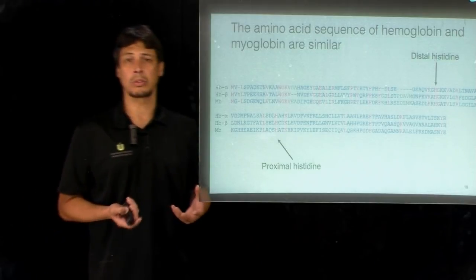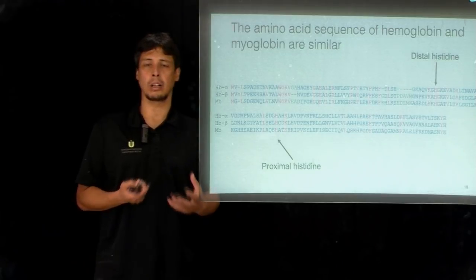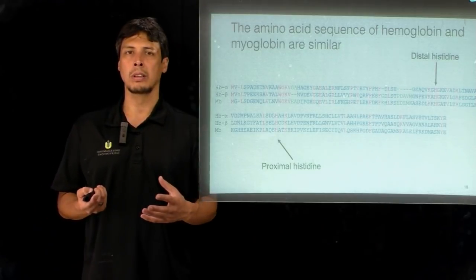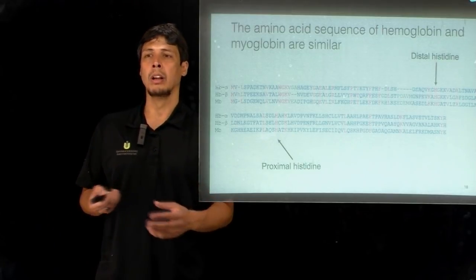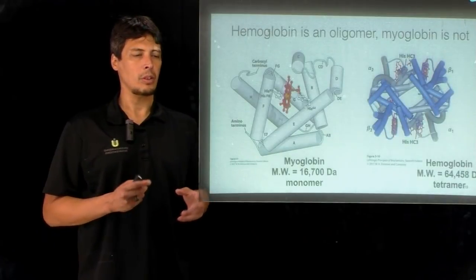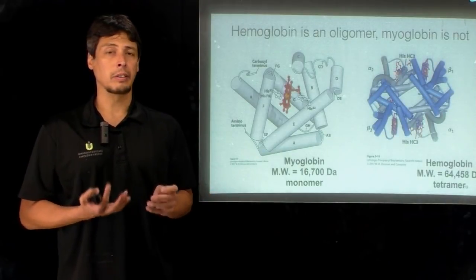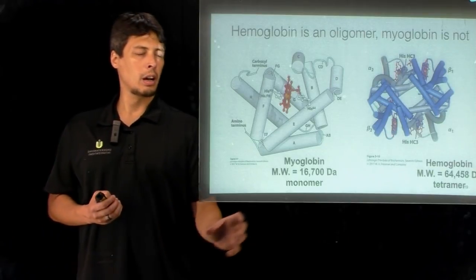And for that, we need more structural information to figure out what it is exactly that is causing the differences in the functions. What are the structural differences between myoglobin and hemoglobin that allow for the different functions of these two proteins? And remember, at the beginning of this lecture, we discussed a very critical difference between them.